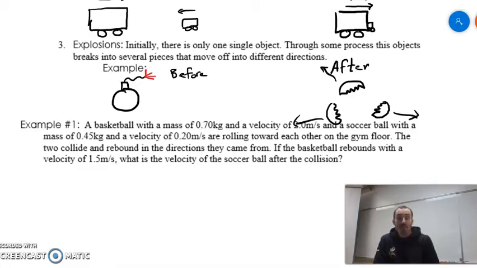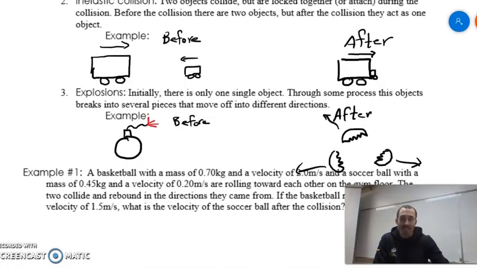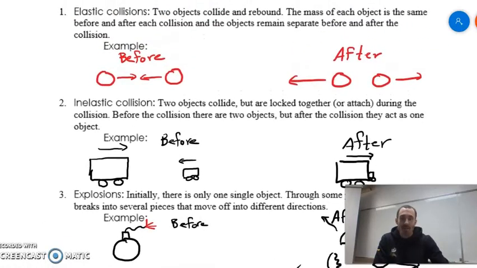Okay, so this is the third type of collision. It's an explosion, but you start it off with one object and it separates into many objects. So our first one, an elastic collision, you started off with more than one object. It doesn't have to be two, could be more than that.